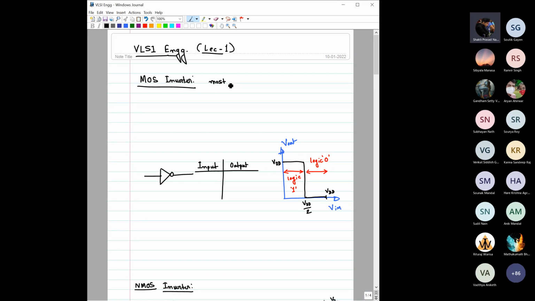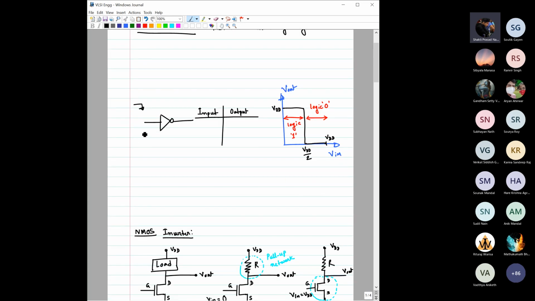The circuit symbol is like this, as shown here. This is the input, this is the output. In terms of the truth table, when the input is at logic 0, the output would be logic 1. When the input is at logic 1, the output would be at logic 0.